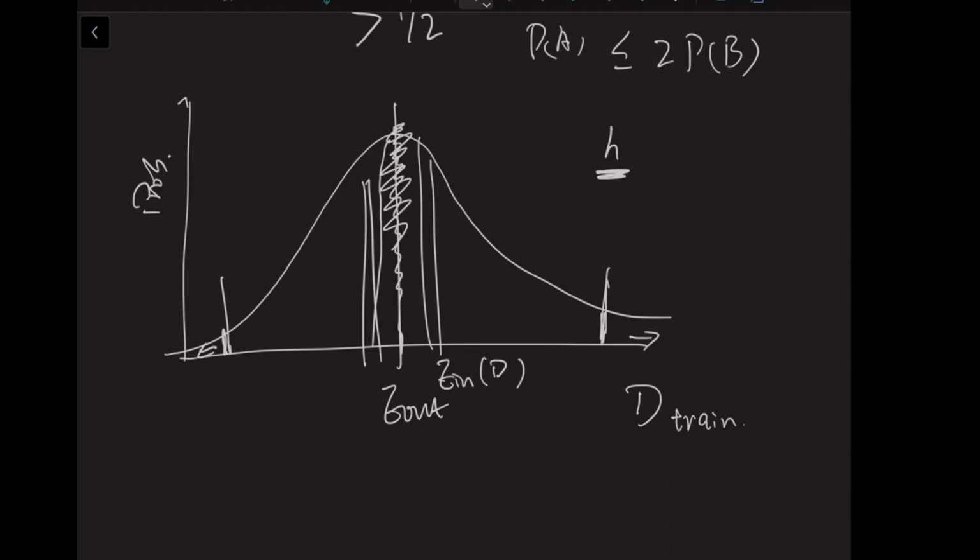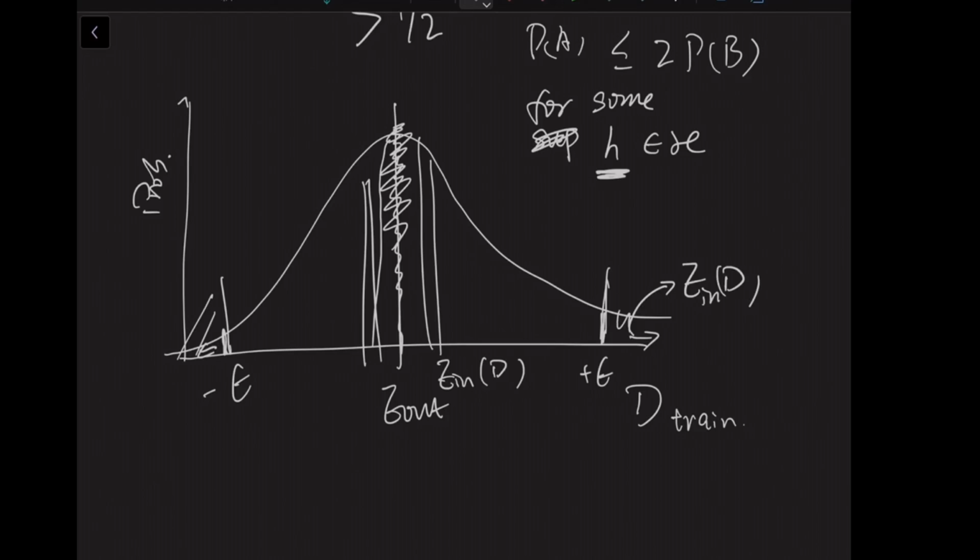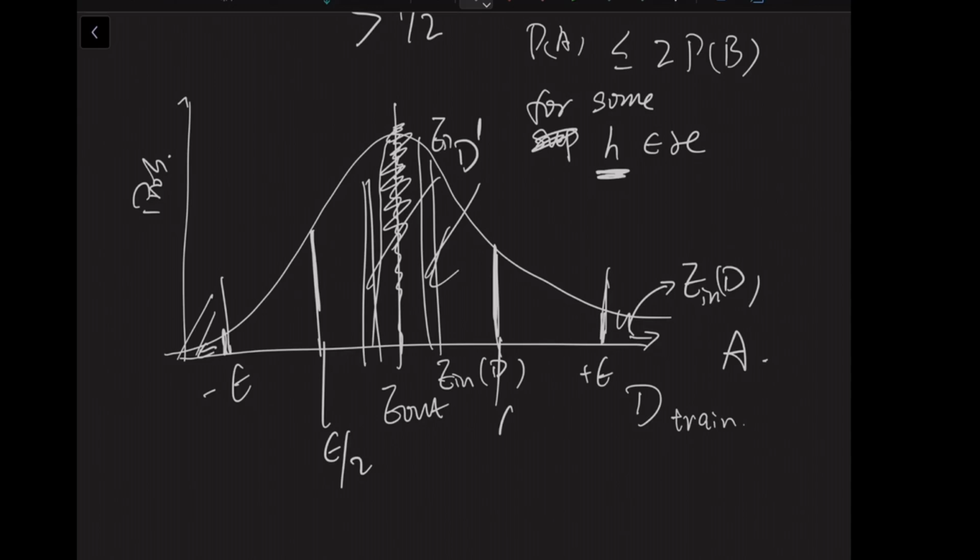What we are considering is the supremum over hypotheses within H. Now, if E_in is out of the minus and plus epsilon region here, if for some D the E_in of D is outside these two parts, that is the event A. And the event C we are considering is that there is another training set D prime where the E_in of D prime falls within half of epsilon.